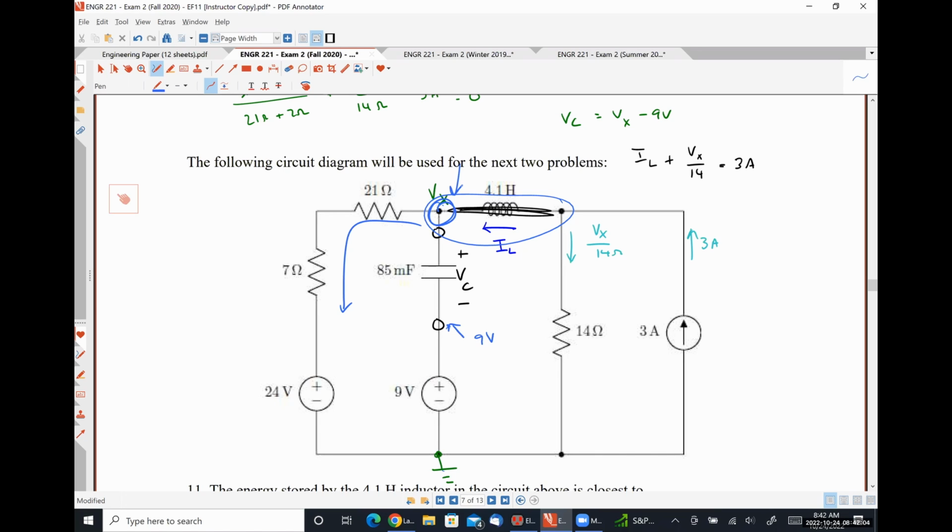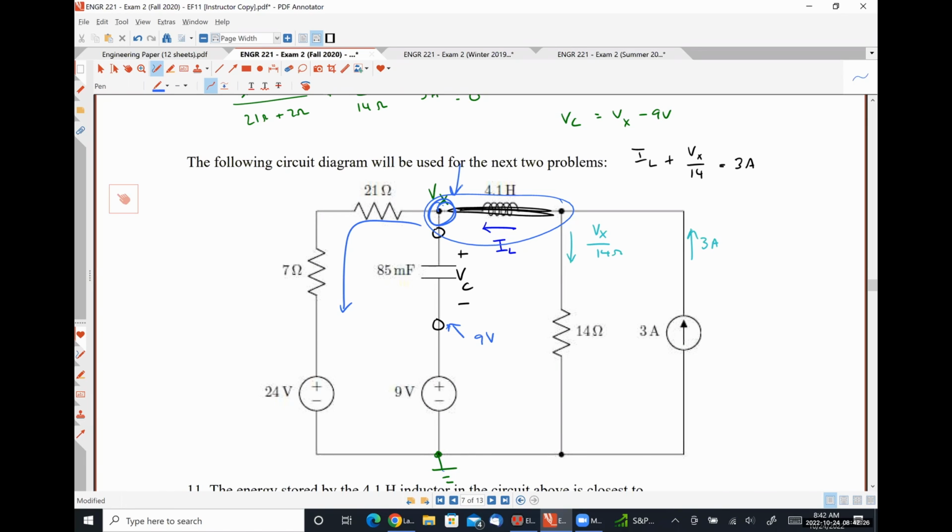If you did a source transformation on the right-hand side, then you could effectively just write a KVL equation around the outside loop, because the 7, the 21, and the 14 will all appear as if they are in series. And so then it's just going to be 24 minus whatever 3 times 14 is.